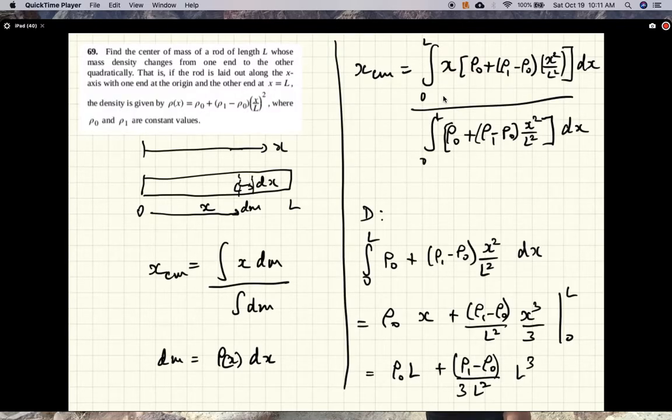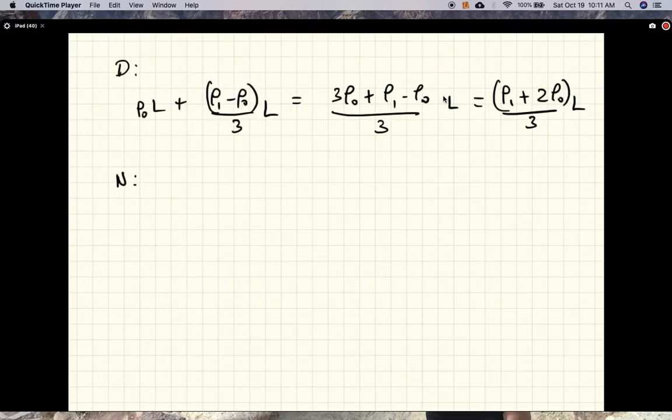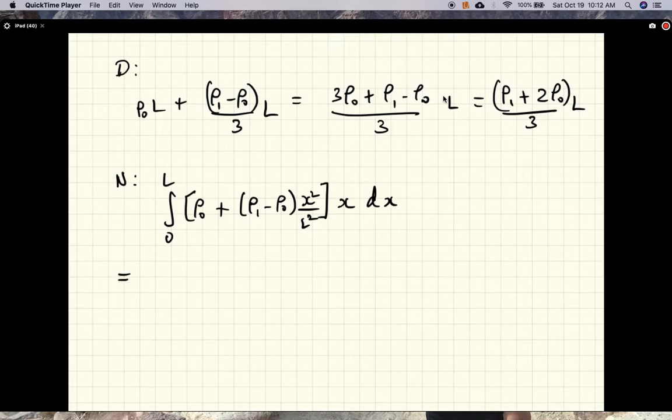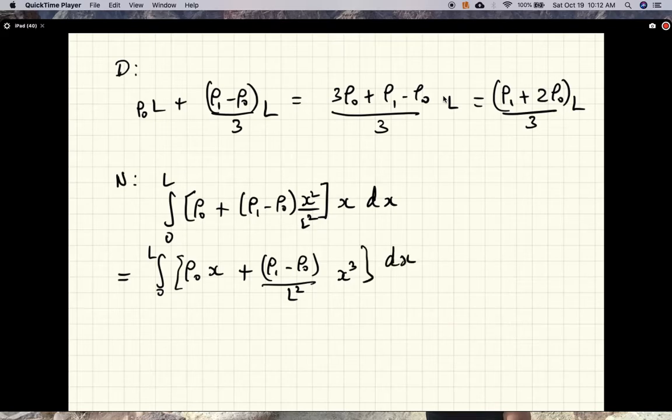All right, so now let's do the numerator. So the integral that we're doing for the numerator is the integral of x times rho of x, dx, from 0 to L. So this is the integral from 0 to L of rho naught x plus (rho 1 minus rho naught) over L squared times x cubed, dx.